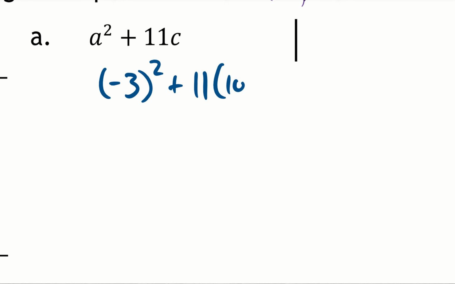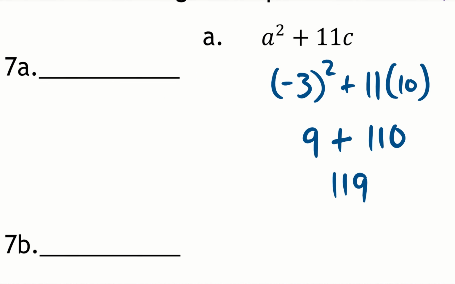So I'm very careful here to write down that negative 3 is getting squared, and then I'm adding 11 times C, and C I think is just the number 10, right? Well, negative 3 times negative 3 is positive 9. And 11 times 10 is 110. So we're looking at 119 here. So A is 119. And that felt relatively painless.